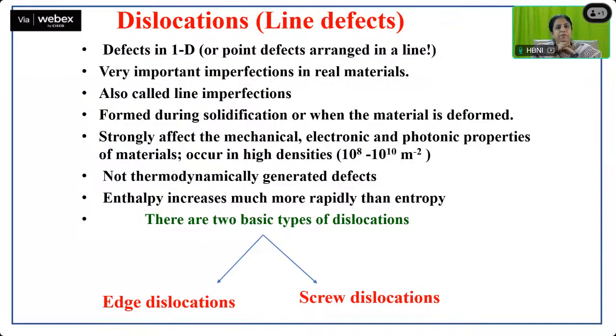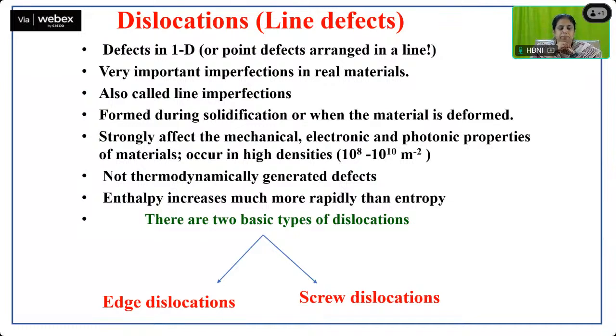And one very important thing which should be mentioned here, what makes it different from the 0D defect: zero dimensional defects are the thermodynamically generated defects, at least the ones that we studied. That is your vacancy, interstitial, Schottky, and Frenkel. They are all generated due to thermodynamically imparted stability on the material. But line dislocations or the line defects, they are not thermodynamically generated defects.